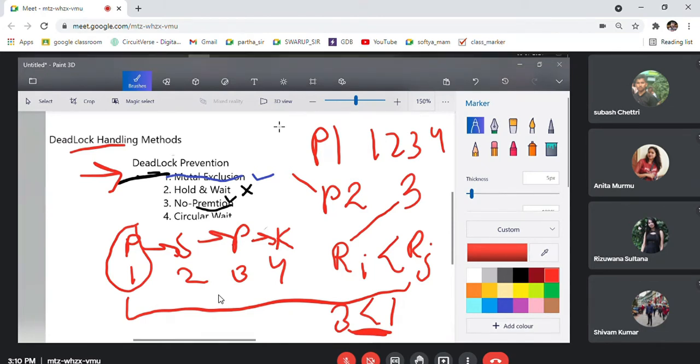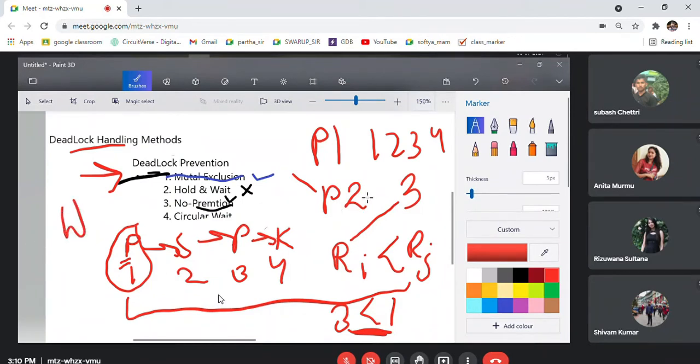Circular wait says that because now Ri is not smaller than Rj, don't assign the resource. So resource 1 will not be given to P2. P2 will now enter into the waiting state.